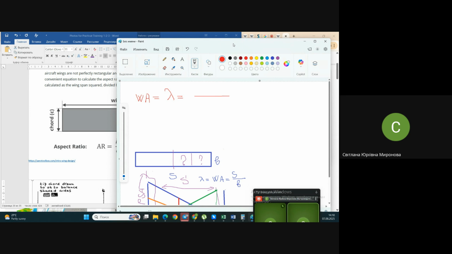I have no idea how to call it, because in different English literature it's called in different ways. Let's write it by words immediately: span squared, divided by the area of the wing. Area was 120.